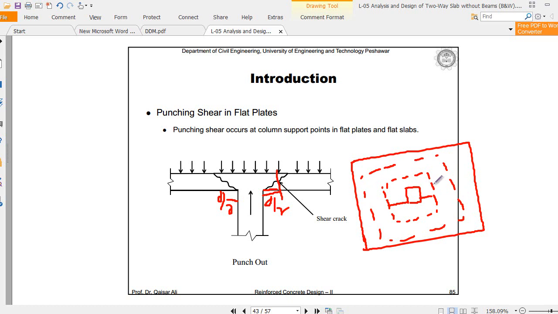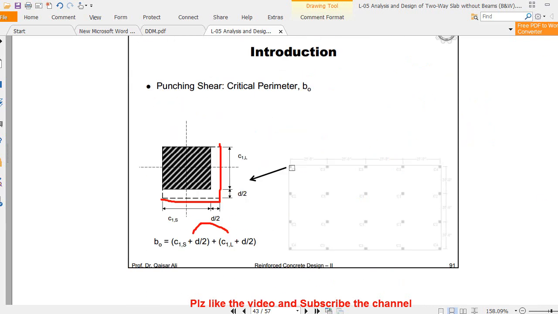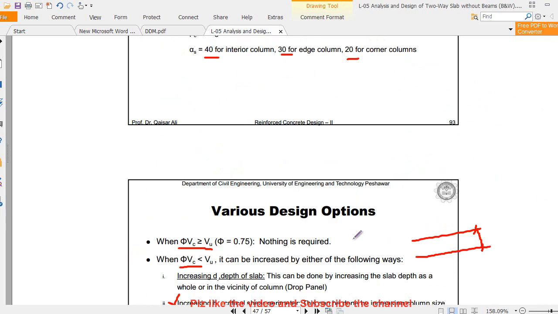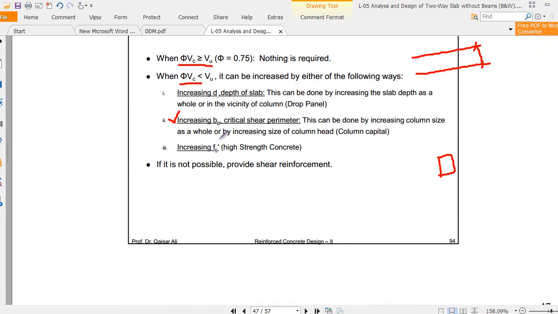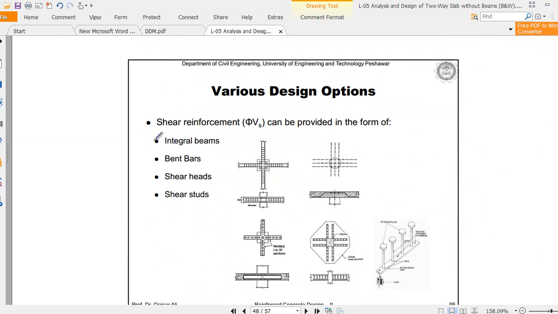For that we provide different arrangements, like the provision of integral beams. Now what integral beams are, I am explaining. So the critical parameter can be increased, and the third option is that you need to increase your fc and fy. So these are the techniques through which you can increase your b naught.